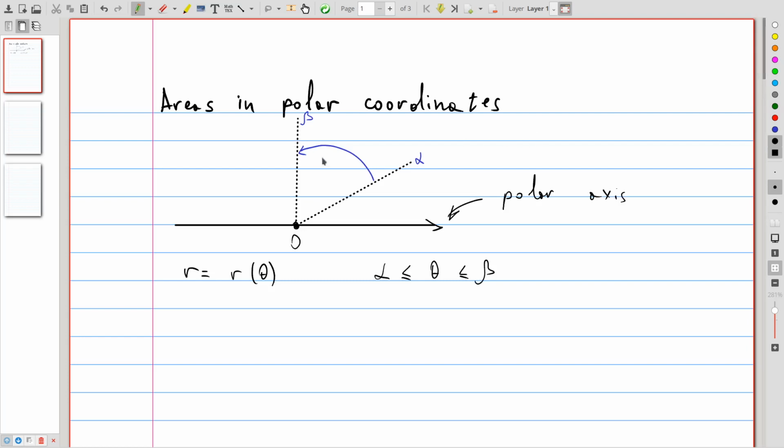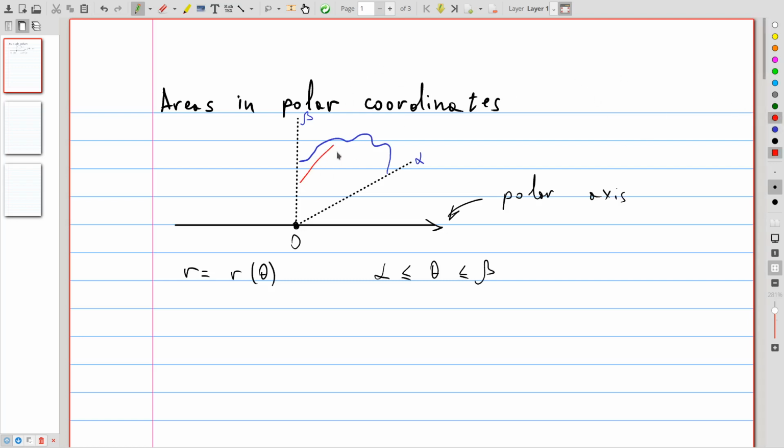So the area we're interested in is the following. Let me draw the curve here. Suppose the curve does something like this. And we would like to evaluate the area bounded by the curve.